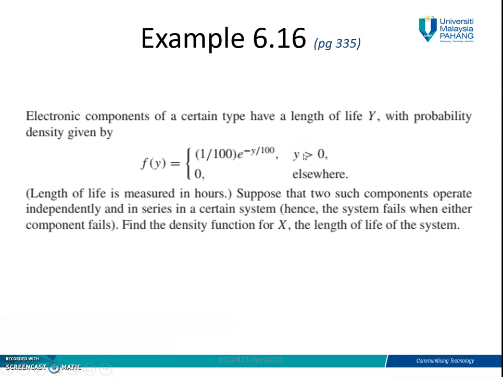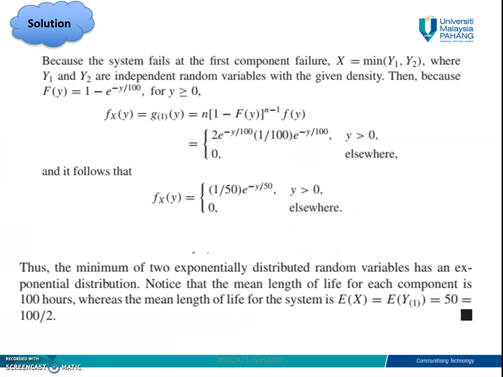By using that you will have this equation, then you simplify and you will get this one. So this is X for the system, but Y is for the electronic component. When you want to find the expected mean length of life for the system, you get the expected value of Y ordered equal to 50, which is 100 divided by 2.